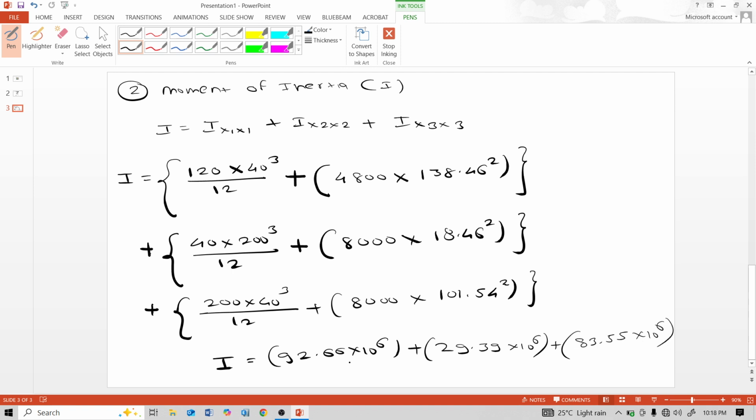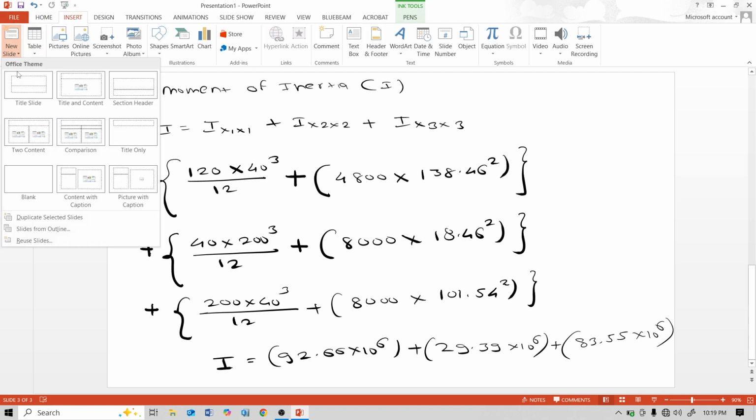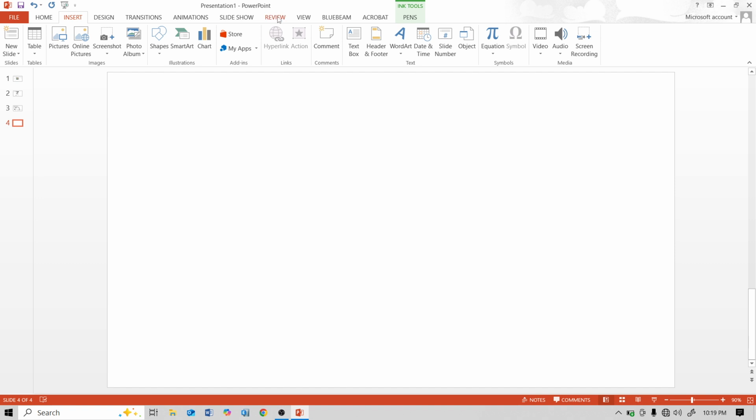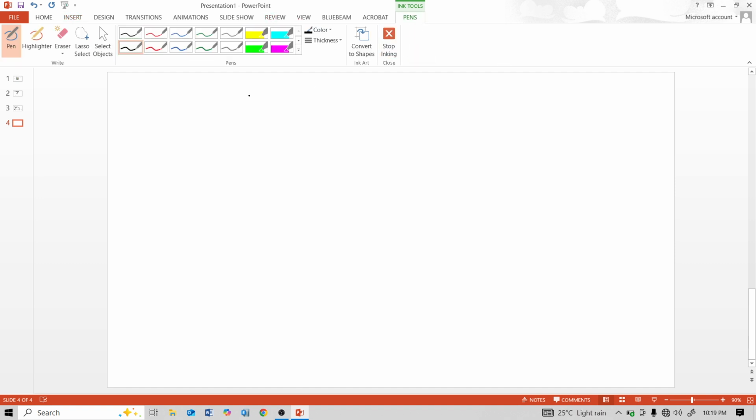Now add these three brackets: 92.66 plus 29.39 plus 83.55 is 205.6 into 10 raised to 6 mm raised to 4, the moment of inertia about the x axis for that I cross section. I is equal to 205.6 into 10 raised to 6 mm raised to 4.